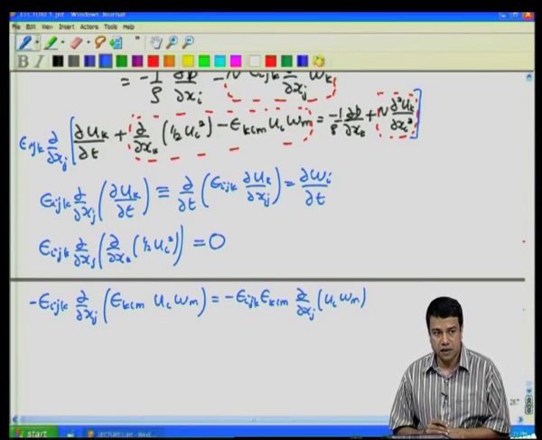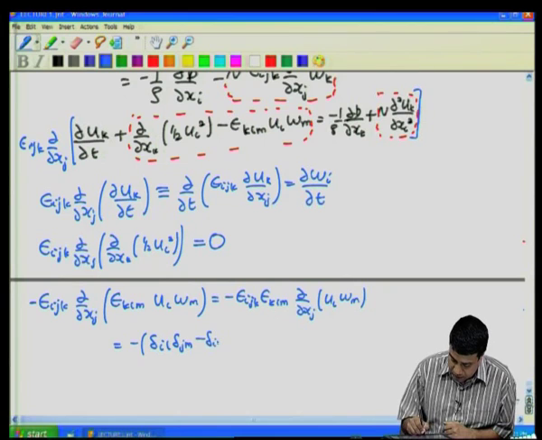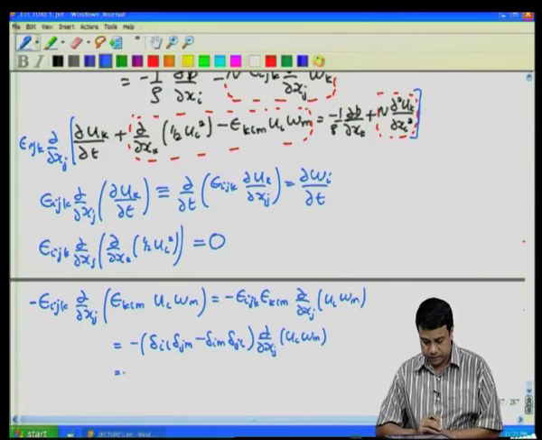And I use my identity for the deltas once again. So, this will be equal to minus of delta i l delta j m minus delta i m delta j l.